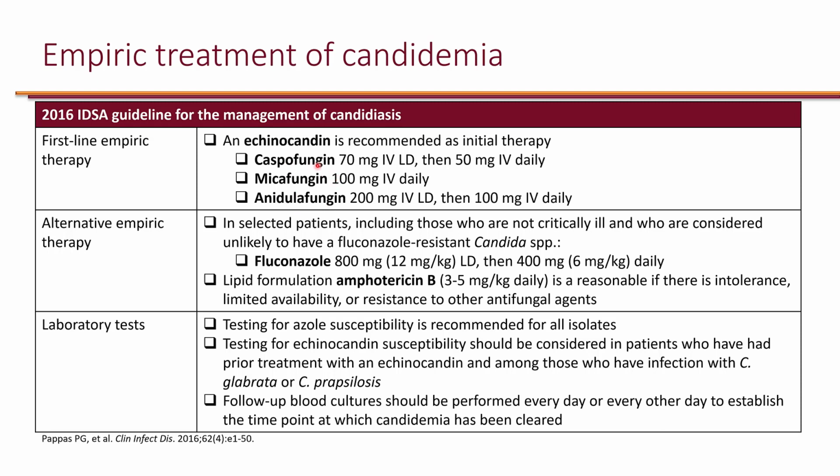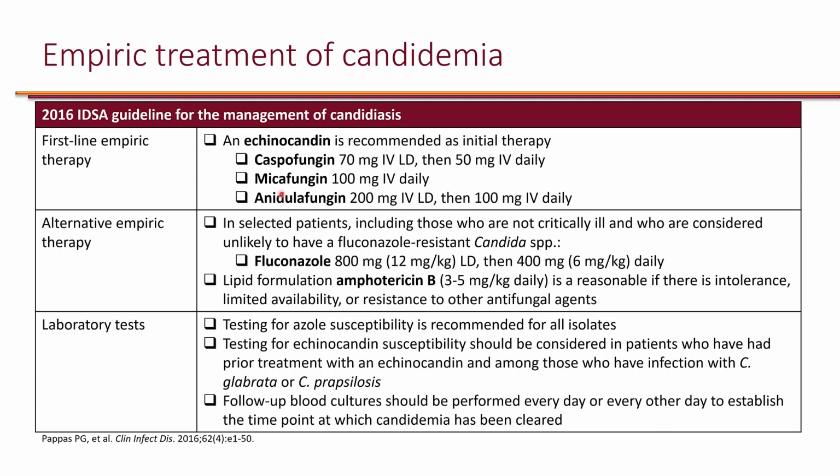And then for an alternative, in selected patients, including those who are not critically ill and who are considered unlikely to have a fluconazole-resistant organism, fluconazole can be used. And of course, another alternative is lipid formulation amphotericin B. It is reasonable if there is intolerance, limited availability, or resistance to other antifungal agents.